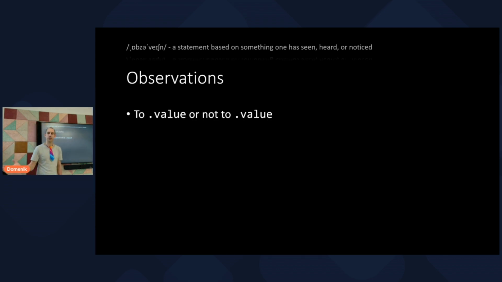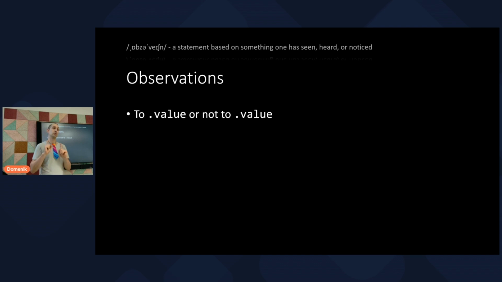And I want to finish with some observations. To value or not, to dot value or not to dot value. So a little bit of annoyance coming from Svelte and mostly working with Vue is that the dot value syntax is needed in your script block, but in your template block, you don't need to use it because it's automatically done for you.